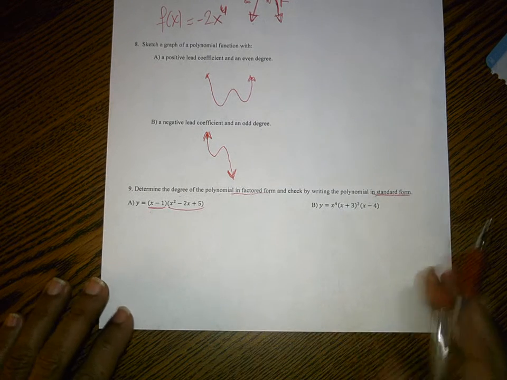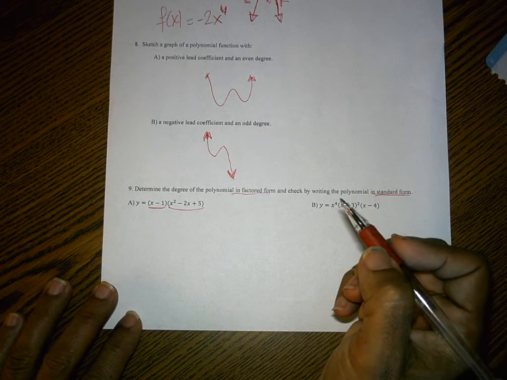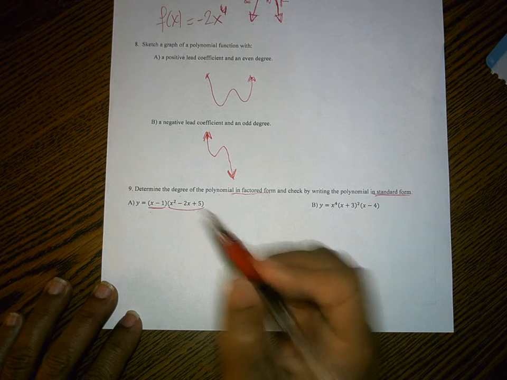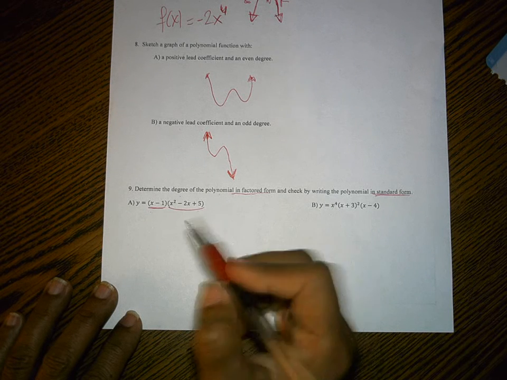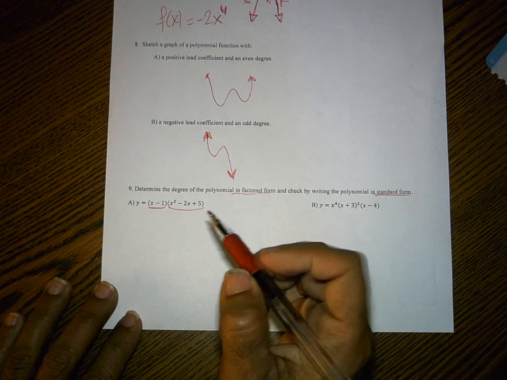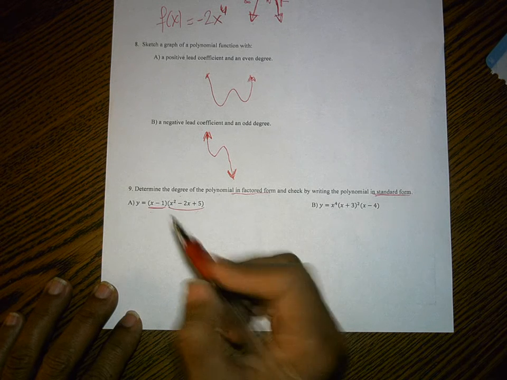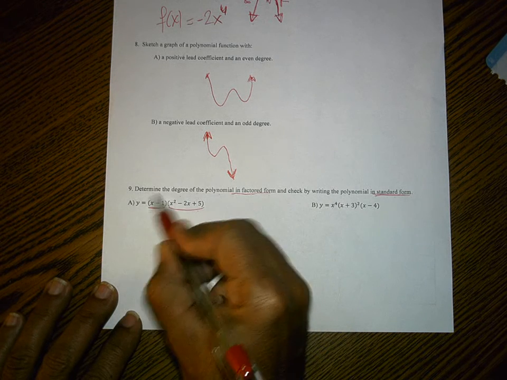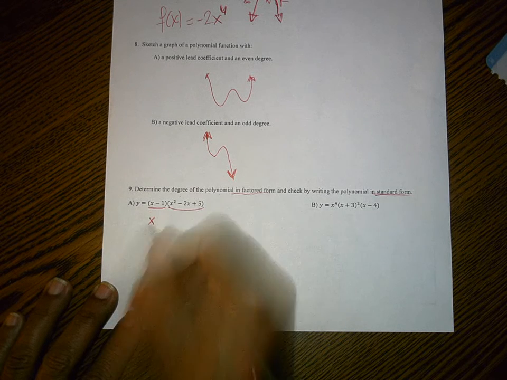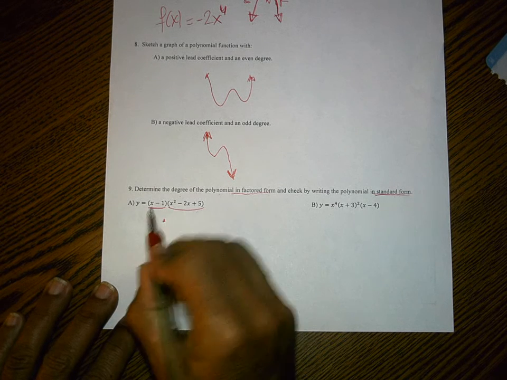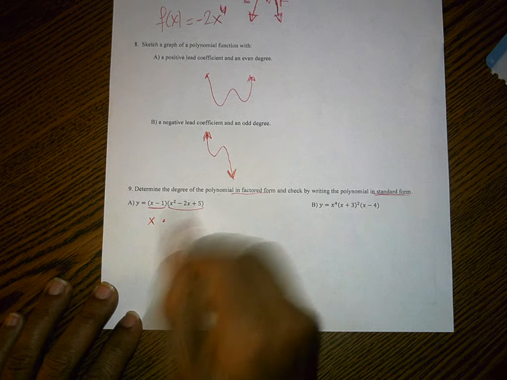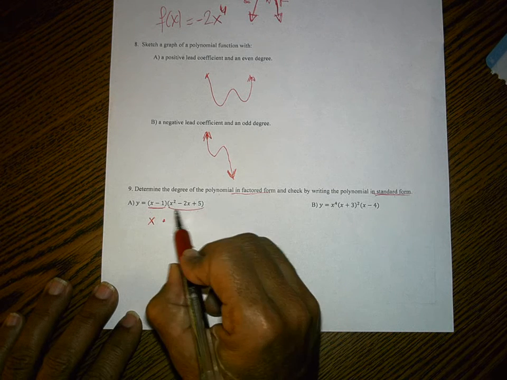So how do I decide the degree of a function when something's factored? Well, what would you do? You would look at each of the exponents for each of the factors. So when I look at the very first factor, I have an x, okay, times, because the first factor is multiplying the second factor. And what is the highest degree of the second one here?